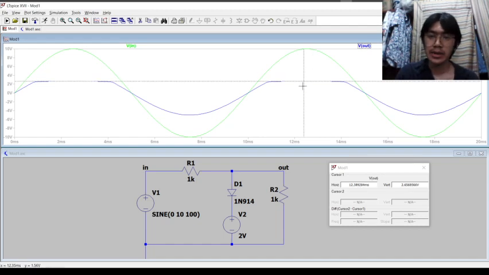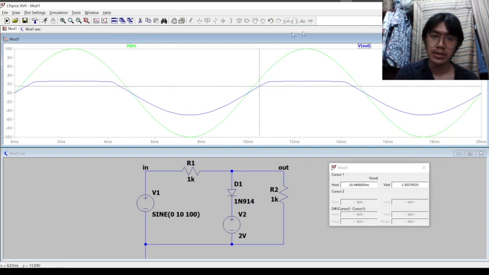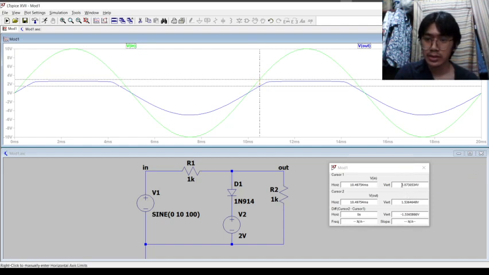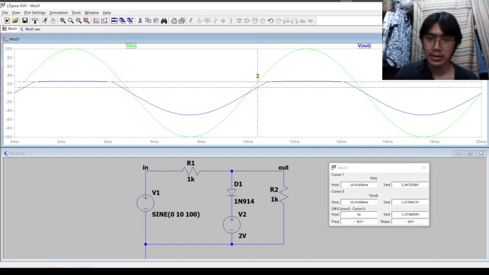And we again look at what will happen if the input is less than 2.7. As you can see, the output is roughly half of the input.